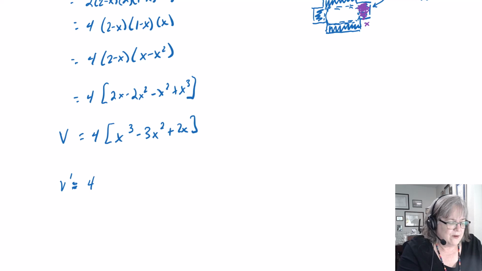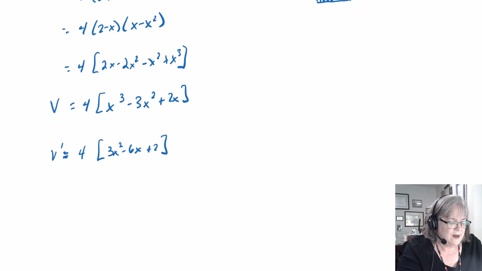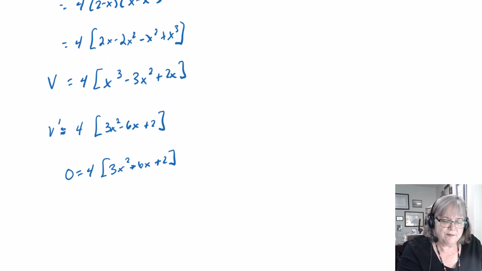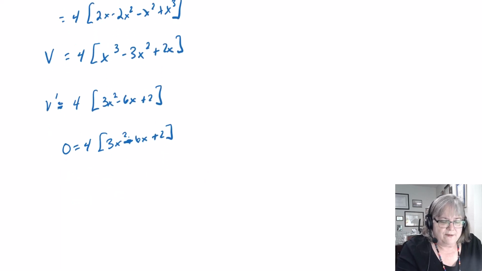So we leave the 4, and we take the derivative of this, and it's 3x squared minus 6x plus 2. Now 4 can't be 0 because we're looking for where this is equal to 0, because that would be where I need to look to see if there is a maximum or minimum. But it doesn't factor, okay?